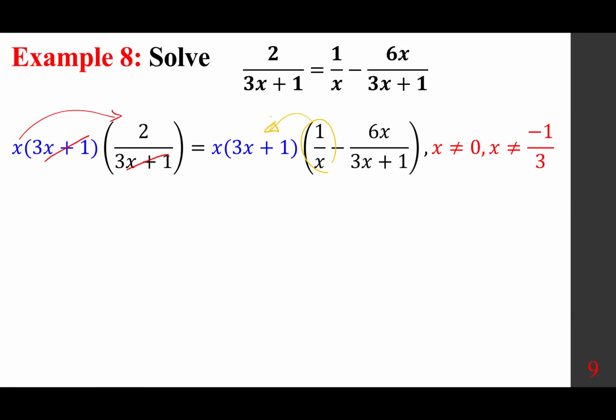I hope you recognize the x goes away, and we get 3x plus 1 times 1, or simply 3x plus 1. So this will give us 3x plus 1 times 1. When you multiply it by this guy, 3x plus 1 goes away, you get x times 6x, and don't forget the negative sign. Okay?